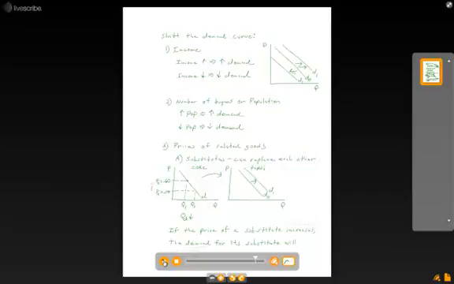So again, if the price of Coke goes up, then the demand for Pepsi will push out and to the right. And the exact opposite of this will work as well.